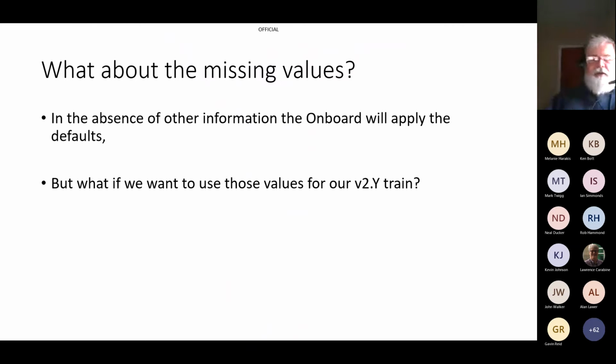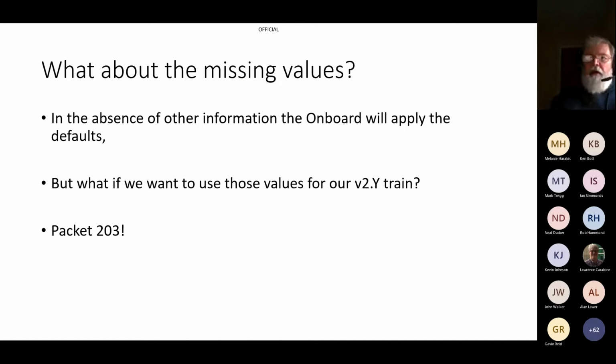But what if those values are actually useful to us for the operation of our baseline 3 train? Well, that's where we have the option of sending an extra packet. Packet 203 can be sent in a message which has a header to say that it's version 1.1.